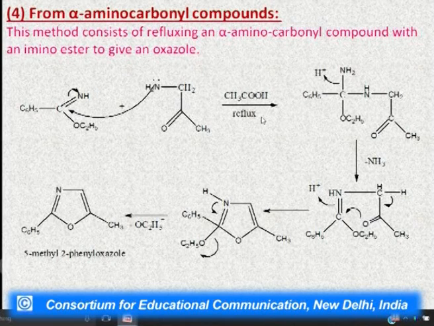In the presence of acetic acid, it will undergo refluxing, that is simultaneously heating and cooling the two reactants together, and will give us the intermediate product, which will lose a molecule of ammonia, rearrange itself, and cyclize together to give us a substituted oxazole, which is a 5-methyl-2-phenyl oxazole.